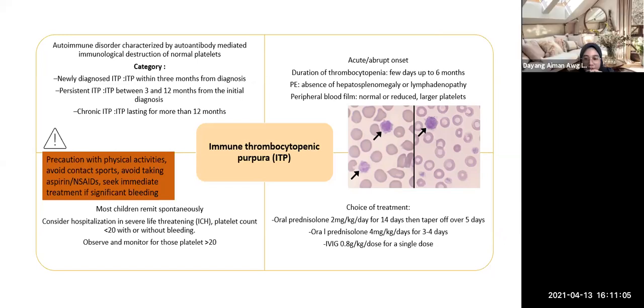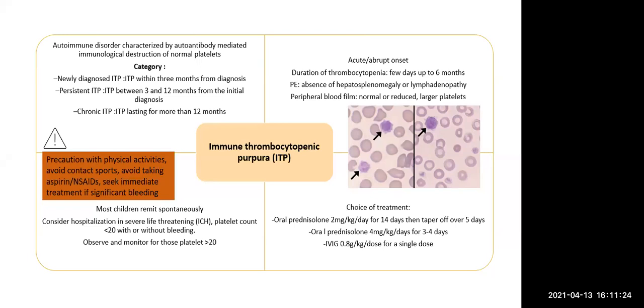Is it a continuation or a different regimen? No, I think it's either. You can do a lower dose at a longer duration, or another option is you give a higher dose but shorter duration. So that's the option that you can do.